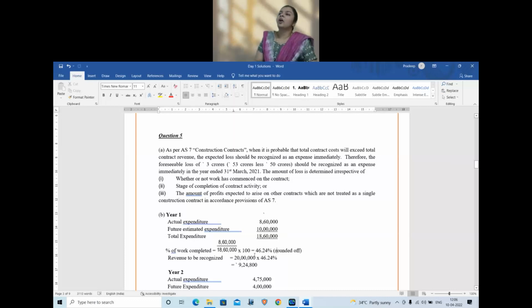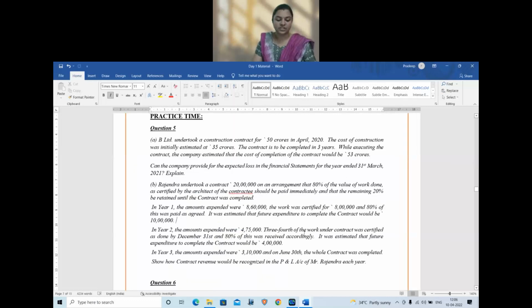Ma'am, why are we not doing the percentage completion method? Let's see the question. The work certified was for 8 lakhs, and of which 80% was paid. So they have not given us the percentage completion. We need to calculate that percentage completion.